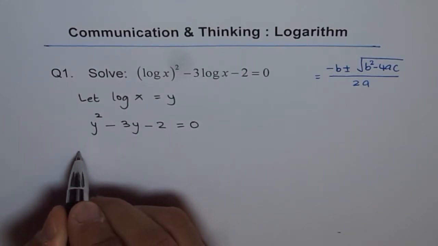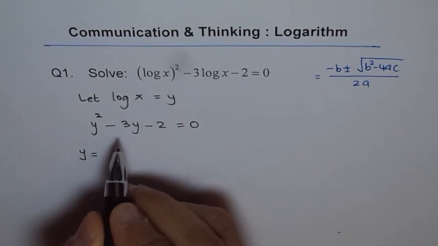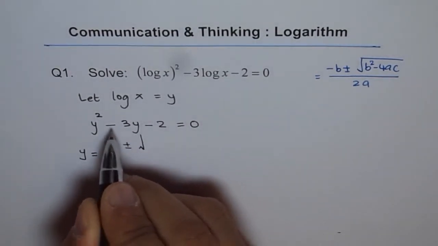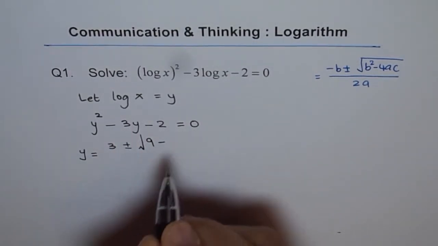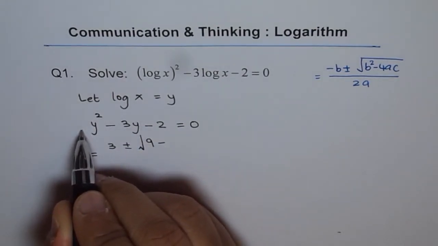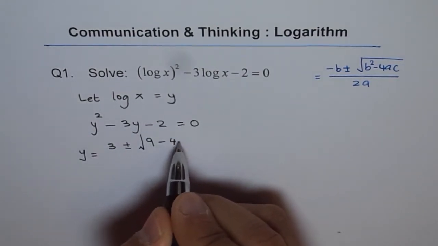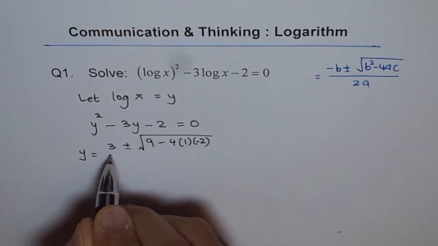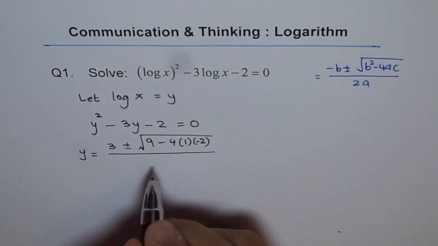And therefore we can write this as y is equals to minus of minus 3 is 3, plus or minus square root of 9, minus 4 times a is 1 and c is minus 2, divided by 2 times a, which is 2.